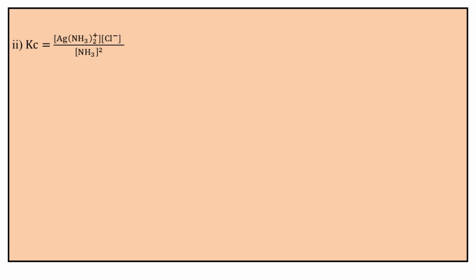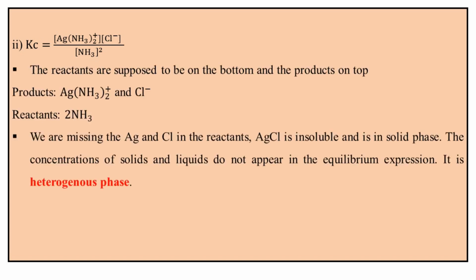Here, to know whether we have heterogeneous or homogeneous, we should know what are the reactants that we are having and what are the products that we are having. Normally the reactants are supposed to be on the bottom and the products on the top.